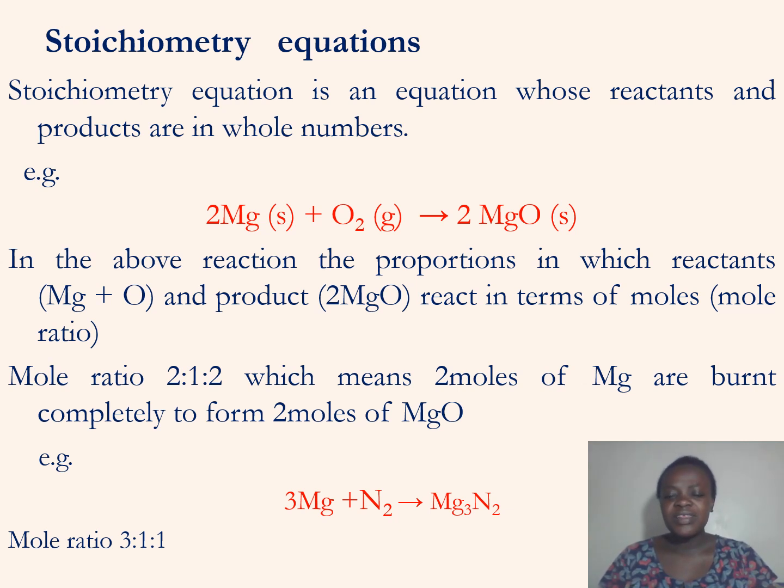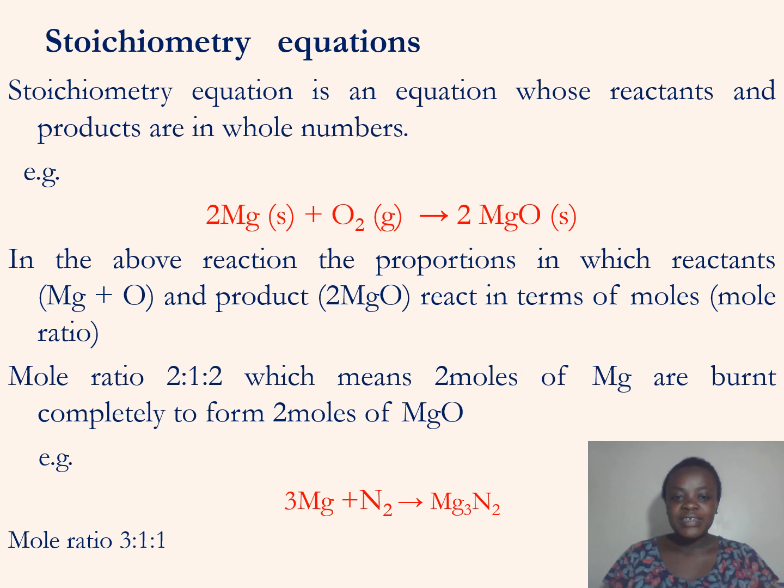So in the above reaction, the proportions in which the reactants, magnesium and oxygen, and the product, magnesium oxide, react in terms of moles, we call the mole ratios. The mole ratio of the reactants to products is 2:1:2, meaning 2 moles of magnesium are burnt completely in the presence of 1 mole of oxygen gas to form 2 moles of magnesium oxide.